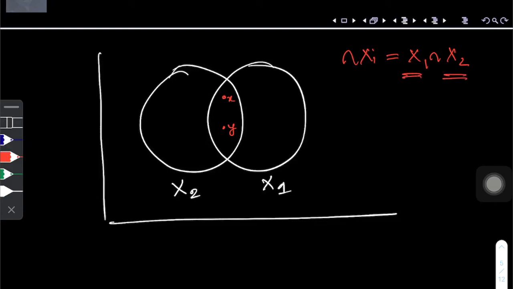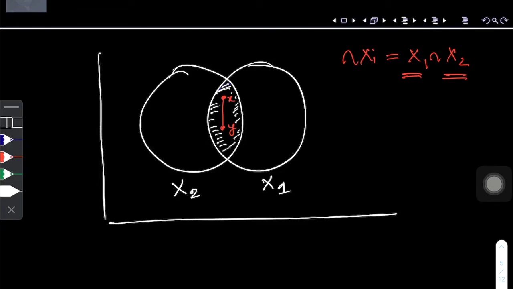And since these individual sets X1 and X2 are convex, we can take convex combinations of x and y and they will still be contained within these sets X1 and X2, which means the convex combination of x and y will also be contained within this shaded region, which represents the intersection of these two sets.